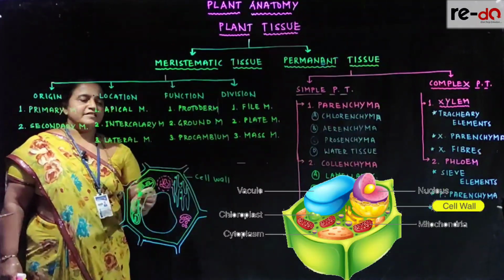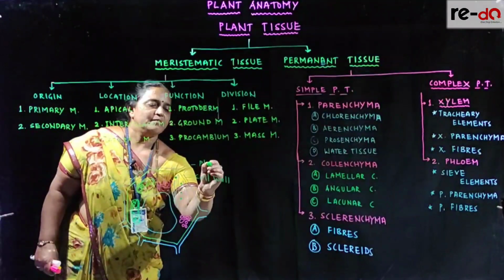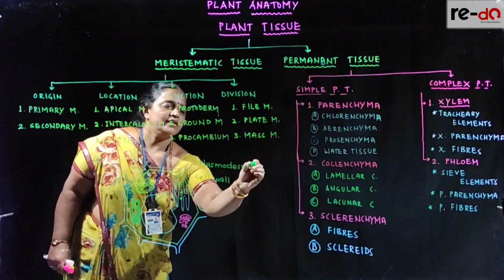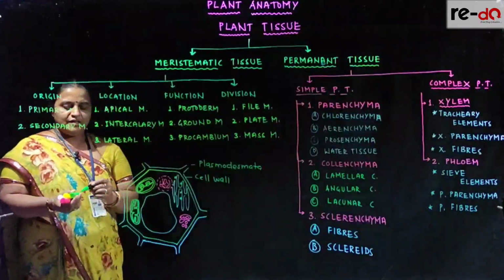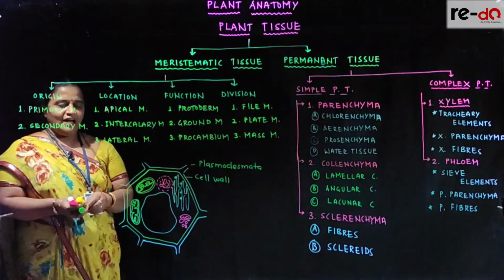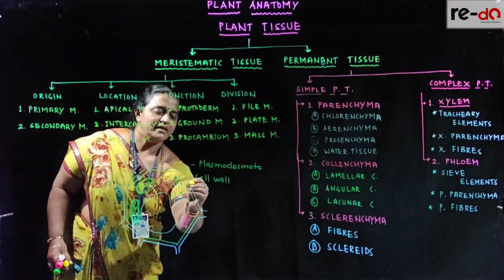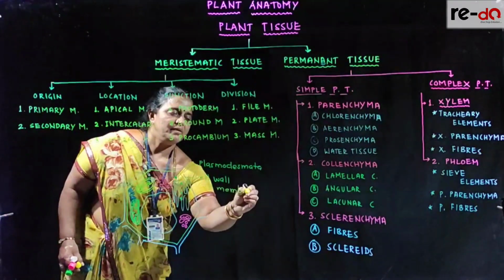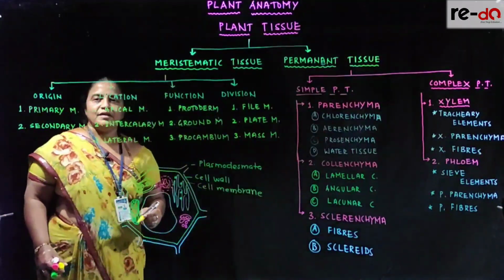It is not continuous, it shows plasmodesmata. These are intercellular connections for the transport. Inner to that, there is a continuous layer and it is the cell membrane. It is semi-permeable in nature.